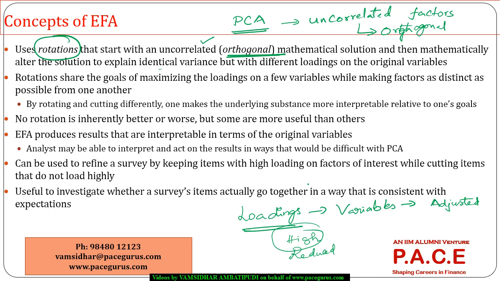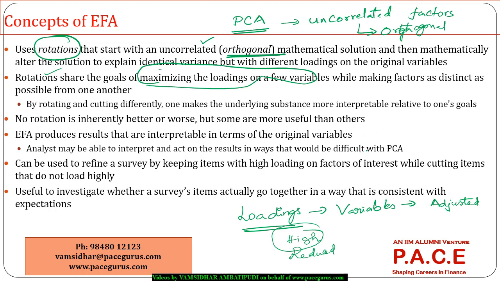Variance will not be compromised here, but what is typically looked at is, instead of creating uniform load across all the variables, we talk about more load being applied to one or two variables on each of the factors and the load on the other variables being removed, so that a simple linking of the variables to the latent factors can be done quite comfortably. So in rotation, I want to still maximize the loading on a few variables. I'm not looking at uniform loading across all the variables, across all the factors.